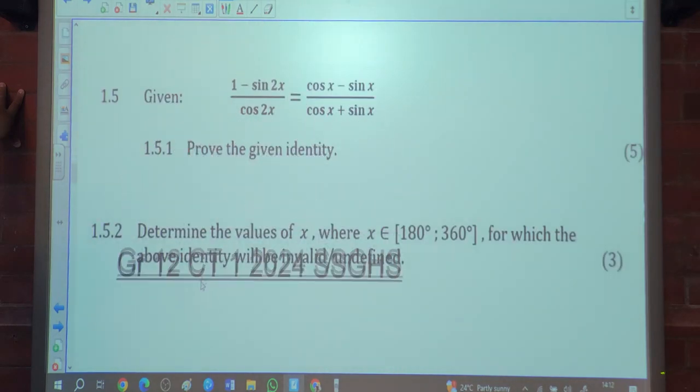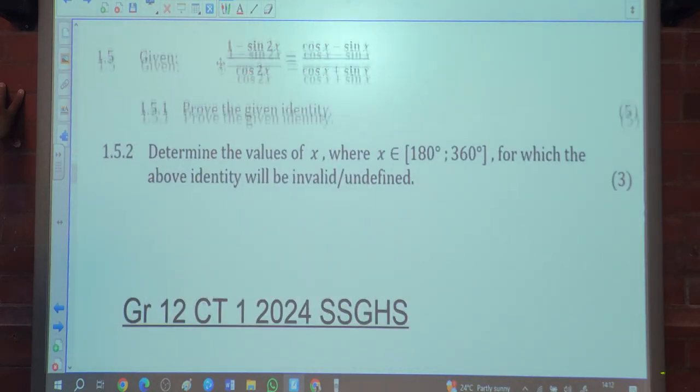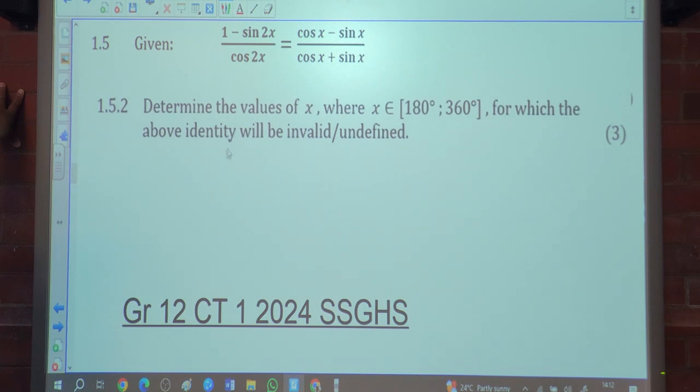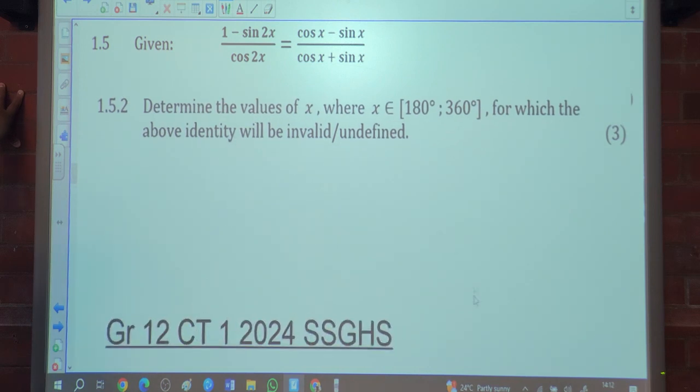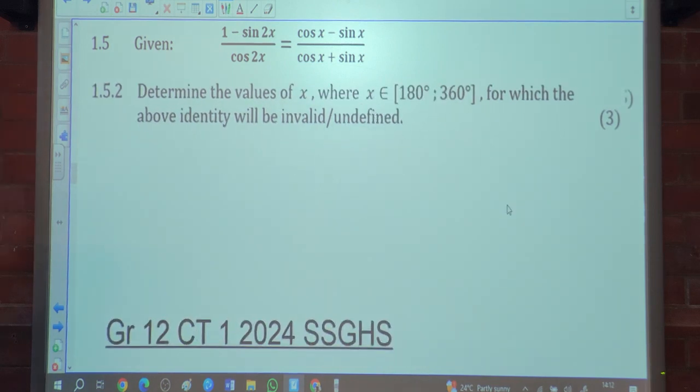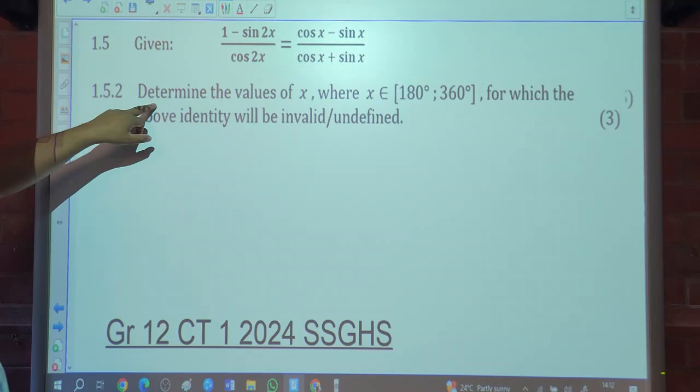Then the next question says, determine the value of x, or the values of x, where x is an element of 180 to 360, for which the identity will be undefined. When will something be undefined or invalid?